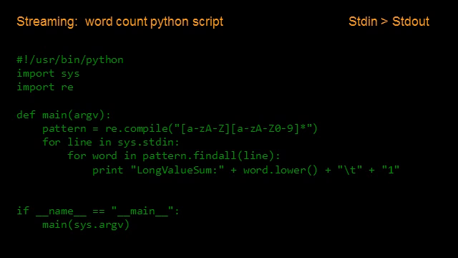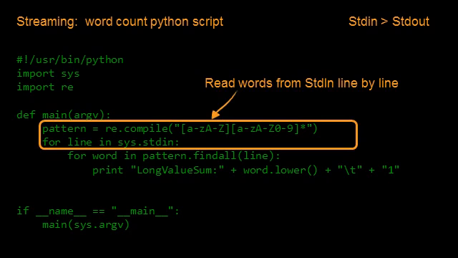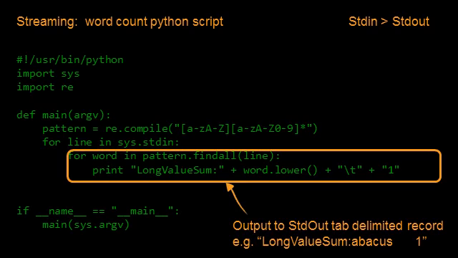So this is a word count Python script which has been used for this sample app, and you can see what this does is it basically reads standard in. It uses a regular expression to identify individual words within standard in, and it counts them and outputs basically a tab separated key value file, which you can see here, into tab delimited records.